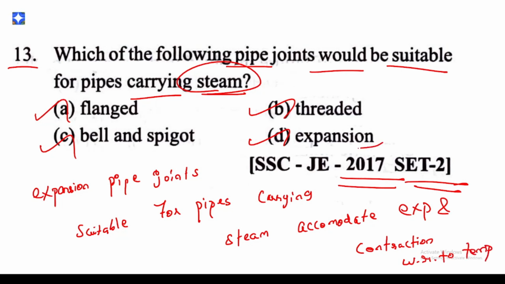So I can say that expansion joints would be best suited for this application of pipes carrying steam.